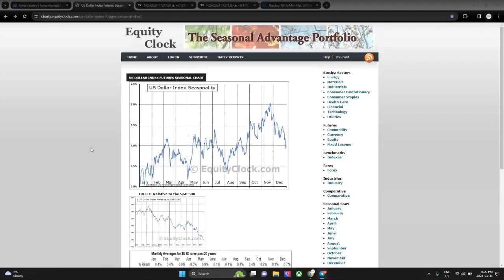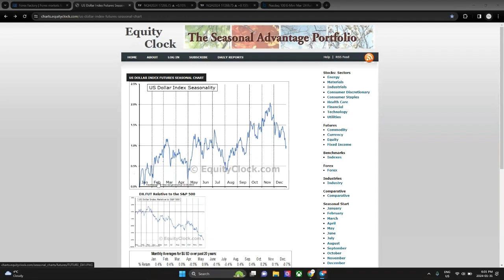So in regard to any index, if it's the S&P 500, the NASDAQ, then I still use the US dollar. The reason I use the US dollar is because it gives me a better reading for price than using the actual seasonal tendency. I do use them, but just secondhand.